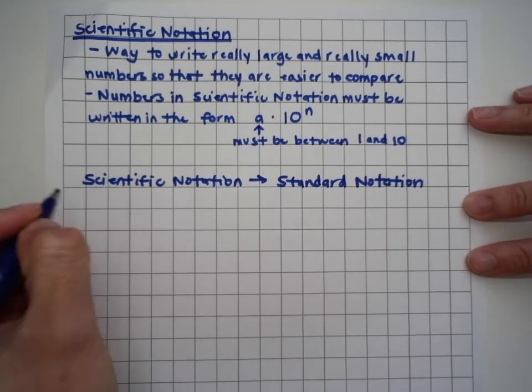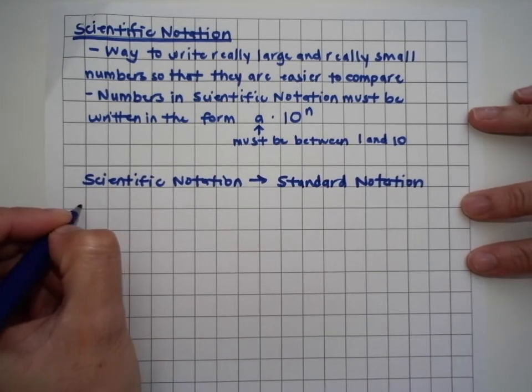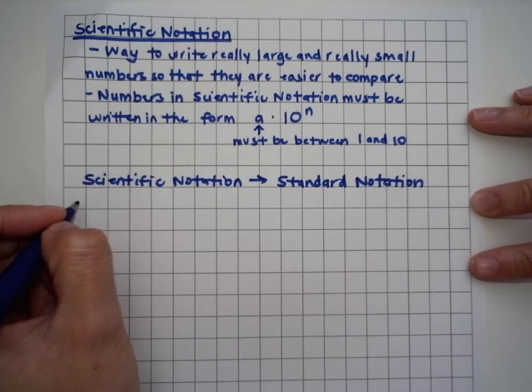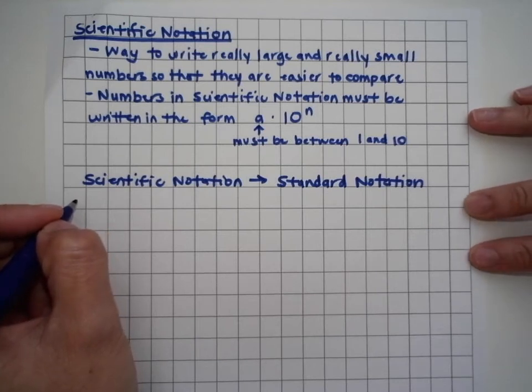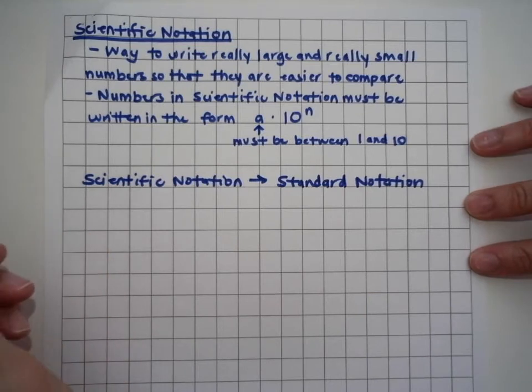Okay, and when we're doing this, if the exponent is positive, we're going to move the decimal to the right. If it's negative, we're going to move the decimal to the left.